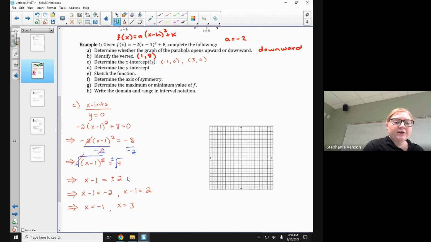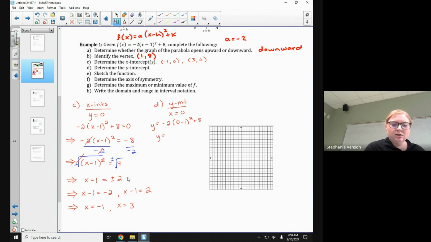Okay, y-intercept. Anytime we find the y-intercept, what do we let equal 0? Yeah, x, good. So we would have y equals -2 times 0 minus 1 squared plus 8.